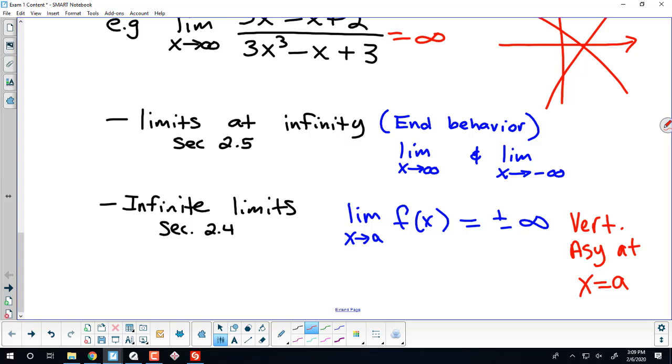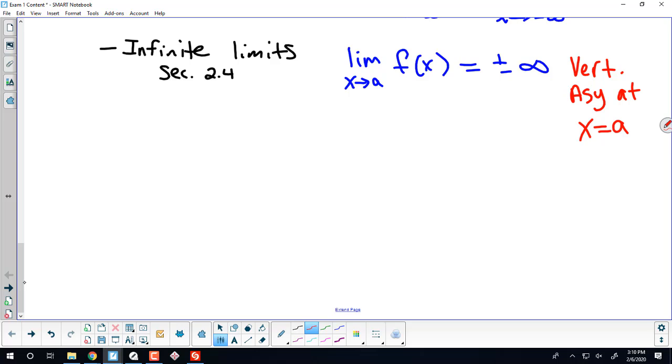Not only should you be able to compute a limit, you should know what it means. So if I said here's a function, identify the vertical asymptote, and then use limits to state the behavior around the vertical asymptote, you had a couple of homework problems like that. You should know exactly what to do.